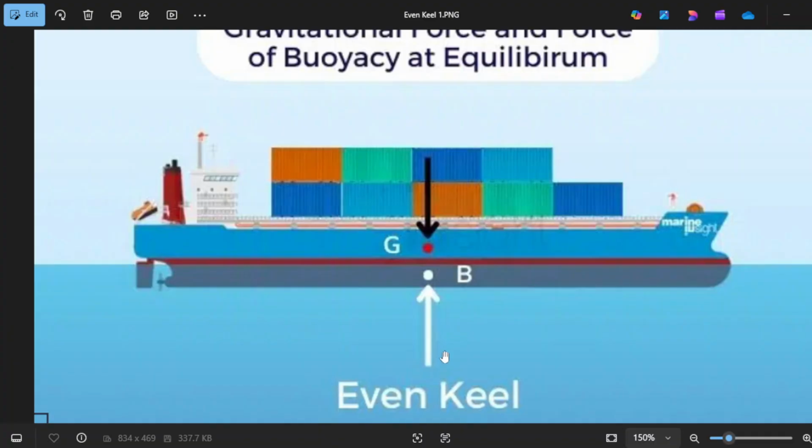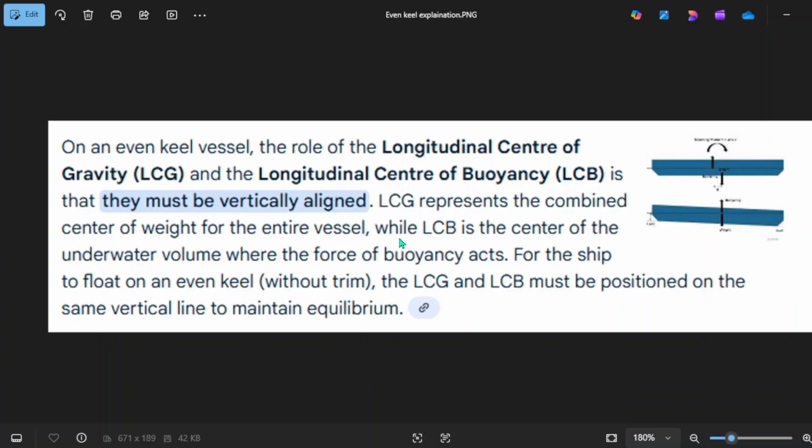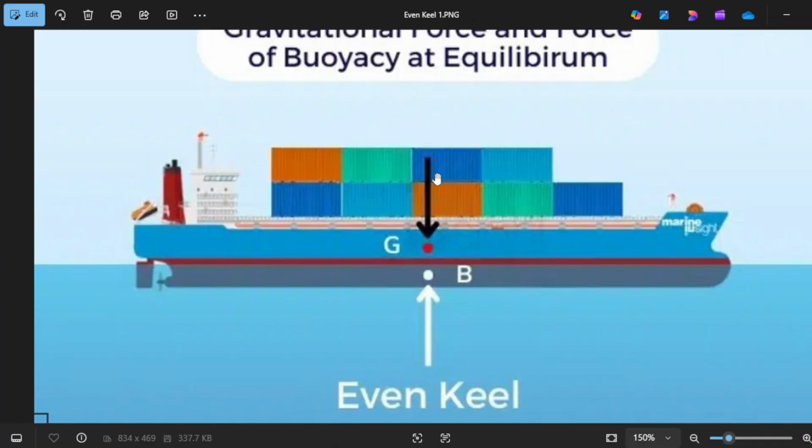So they must be vertically aligned and they will be at equilibrium. Okay? Then, continue. LCG represents the combined weight of the entire vessel. Because of the weight of the entire vessel plus your cargo, this will push the vessel downward.